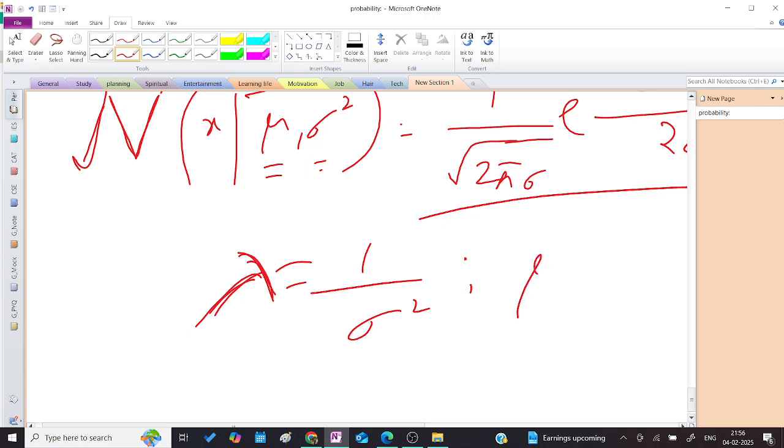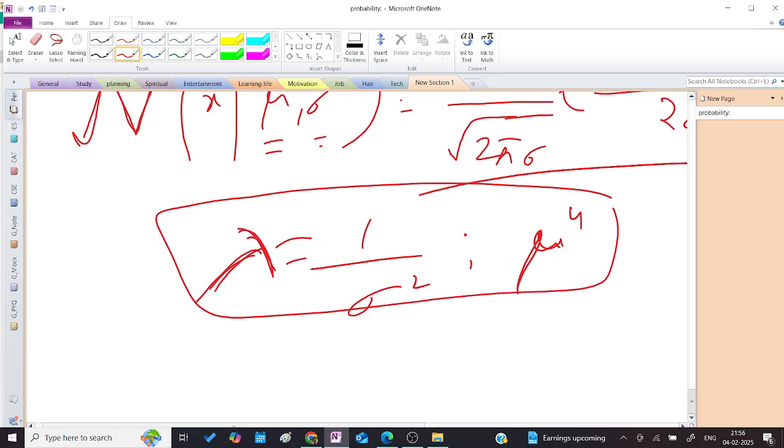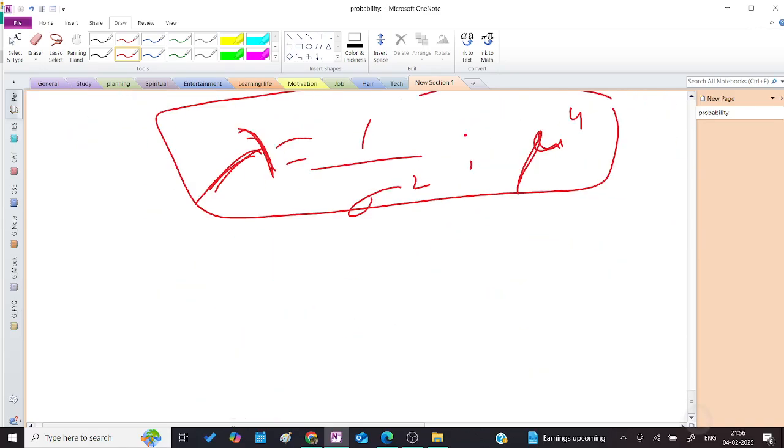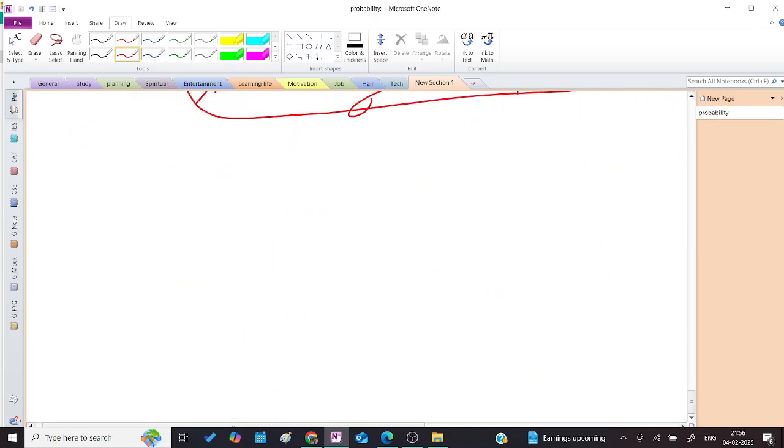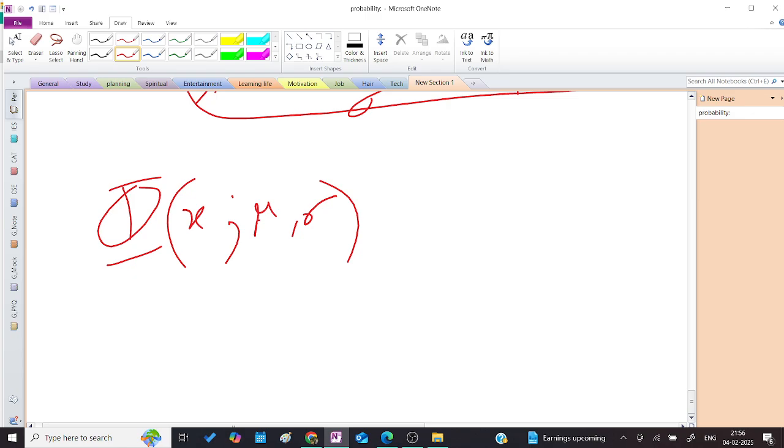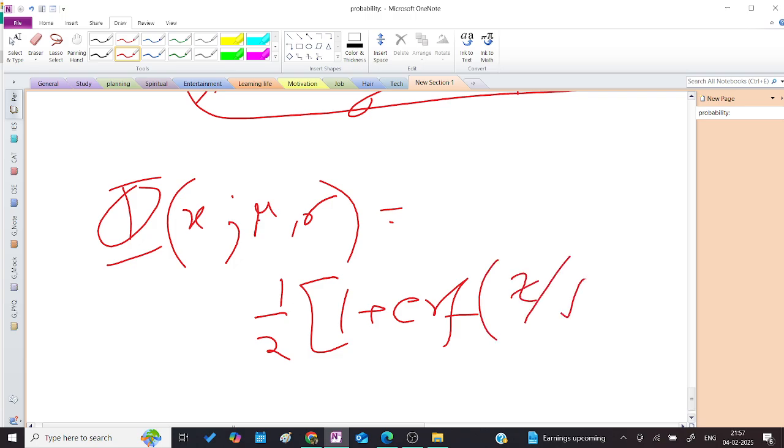Okay, and for the CDF, phi of this Gaussian distribution with mu and sigma is given by half of 1 plus error function of z by root 2.